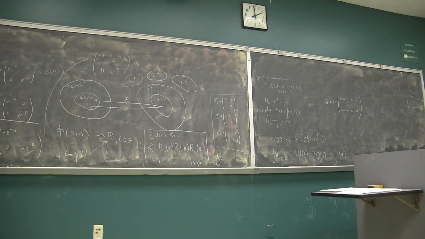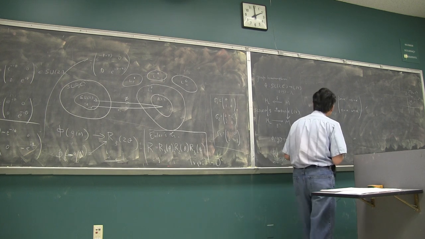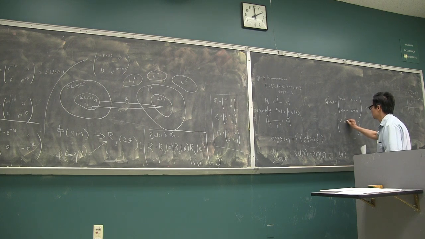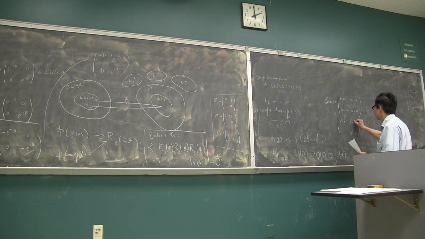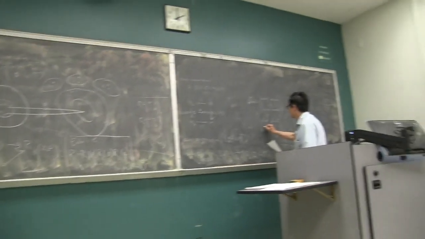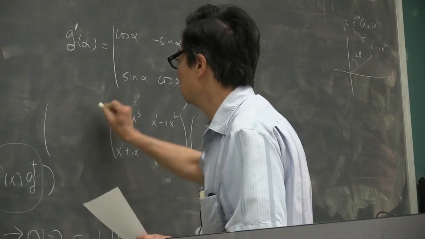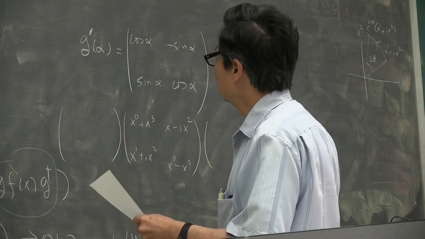So it's definitely something in SU2. And to find out what its effect is, we apply this homomorphism formula again. In other words, we put the f(x), which is x0 plus x3, x0 minus x3, x1 minus i x2, x1 plus i x2, slap in G prime on one side and G prime dagger on the other.